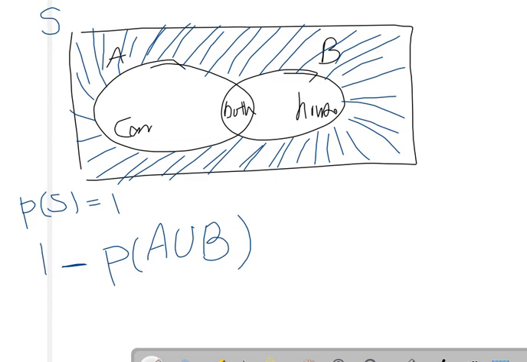So the probability of the blue area is 1 minus the probability of the union of A and B. So it is 1 minus 0.7, which is 0.3.